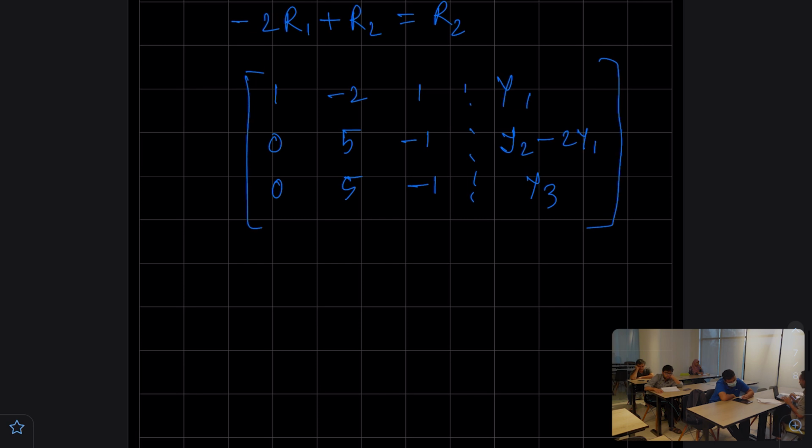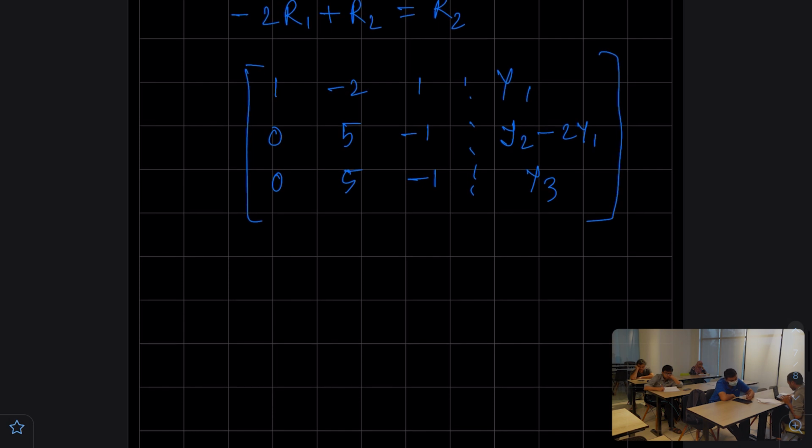Then for the second row, I have to use 1 over 5 times R2, so that I have the leading 1 in the second row.